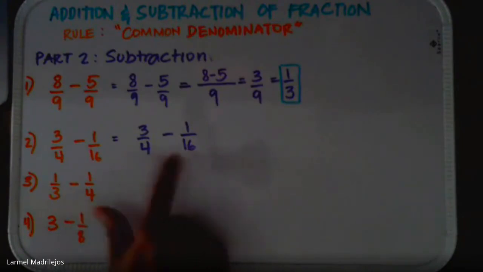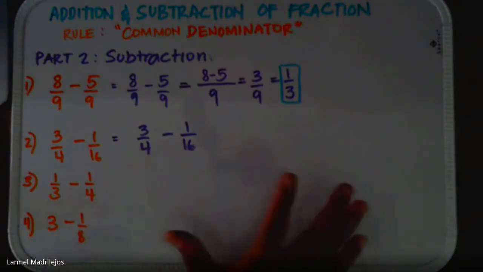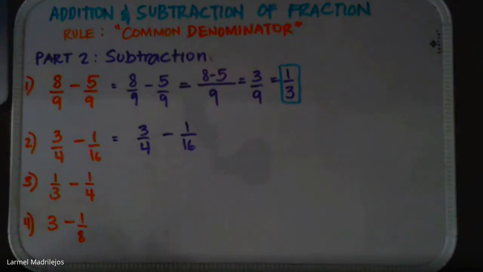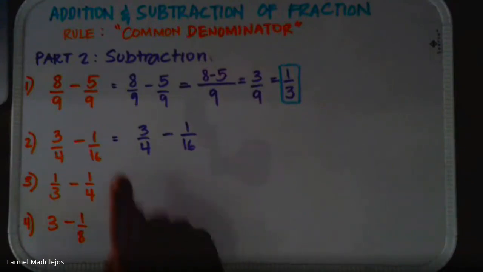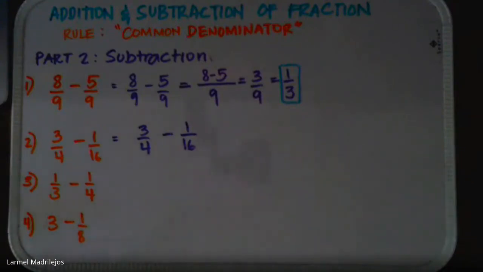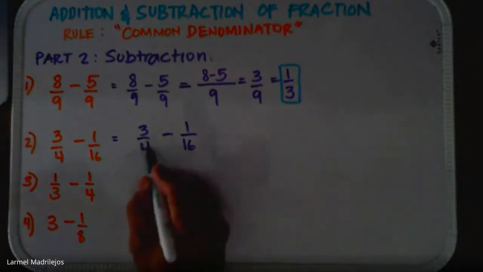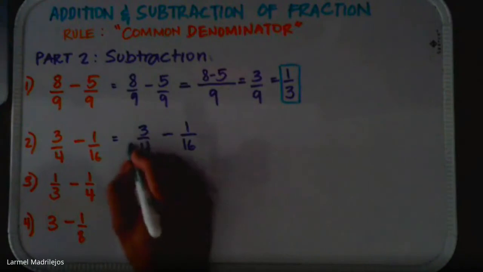We don't need to multiply 4 times 16, which makes a bigger number. We want the least number which is divisible by 4 and 16, and that number is 16.